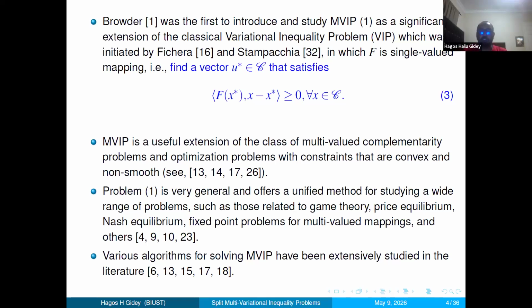Browder was the first to introduce this problem 1, extending the variational inequality problem. This is the general one, problem 3, which is finding a vector u star in C such that inequality 3 holds. We call it the classical variational inequality problem. It was Browder who extended this problem to the multivalued problem, which is just an extension of problem 3 and has been studied by several researchers.